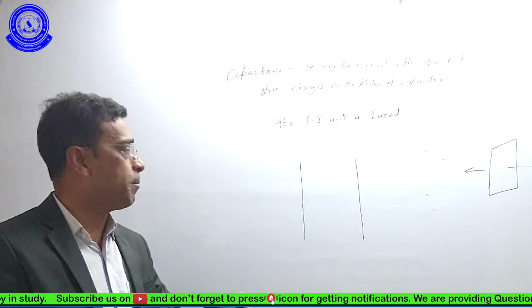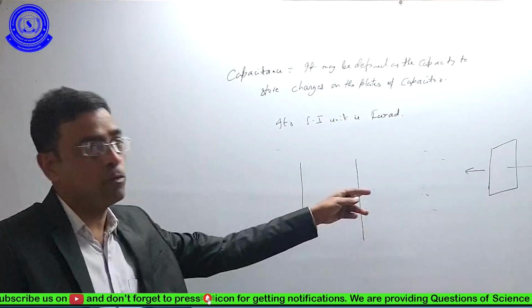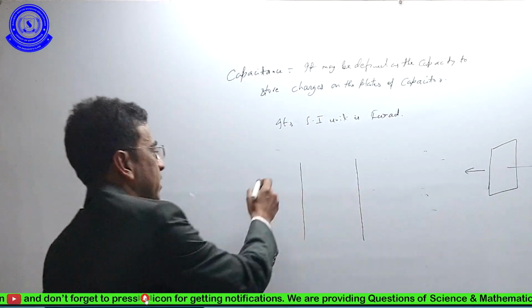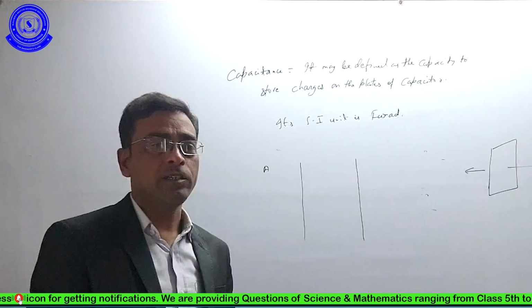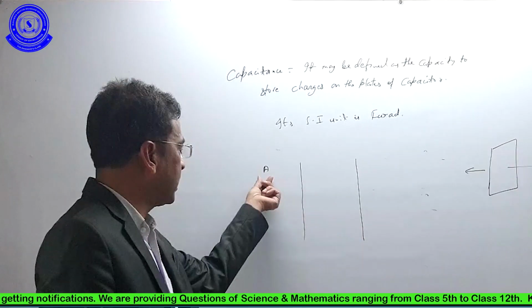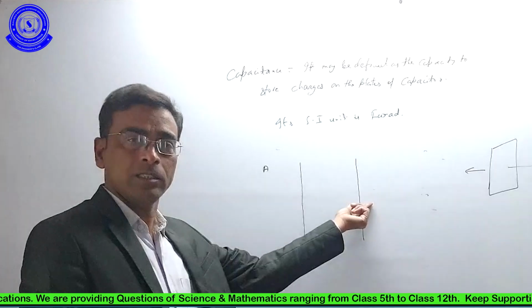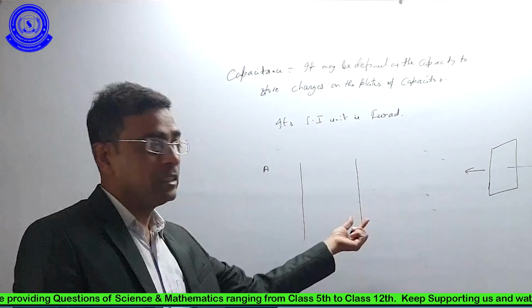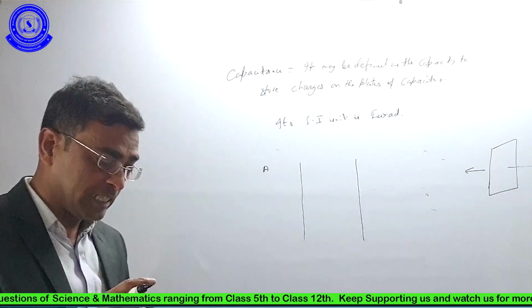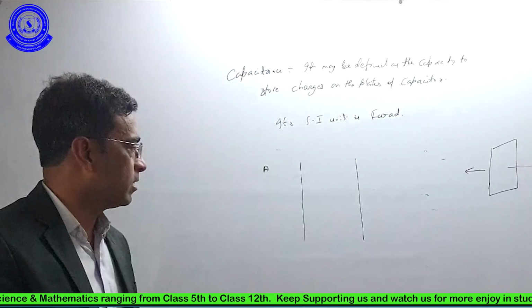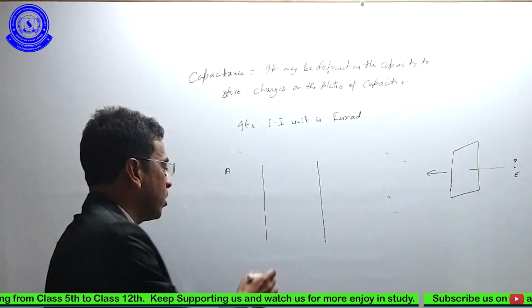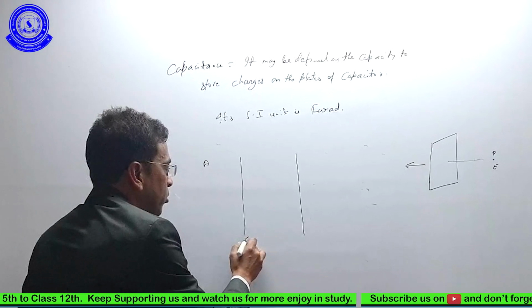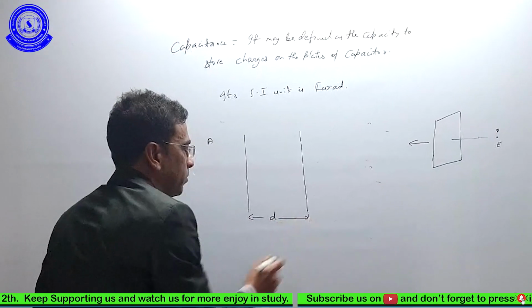The area of the plates is the same for both plates, and it is denoted by A, and the distance that separates the plates is denoted by D.